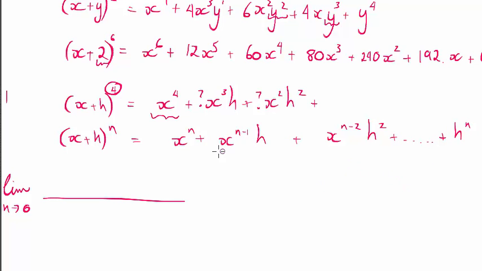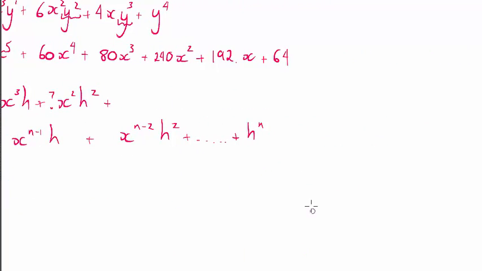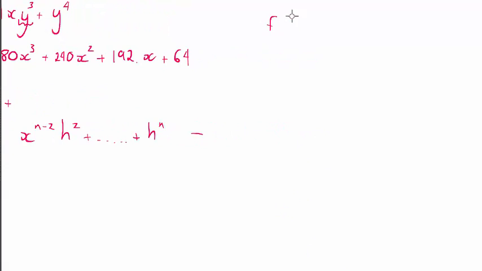Now the reason why I say that is because when I subtract from this, so imagine now I've got f(x) is equal to x to the power of n. Then f(x plus h) is equal to x plus h to the power of n. Now when I simplify this expression, I get something like this.